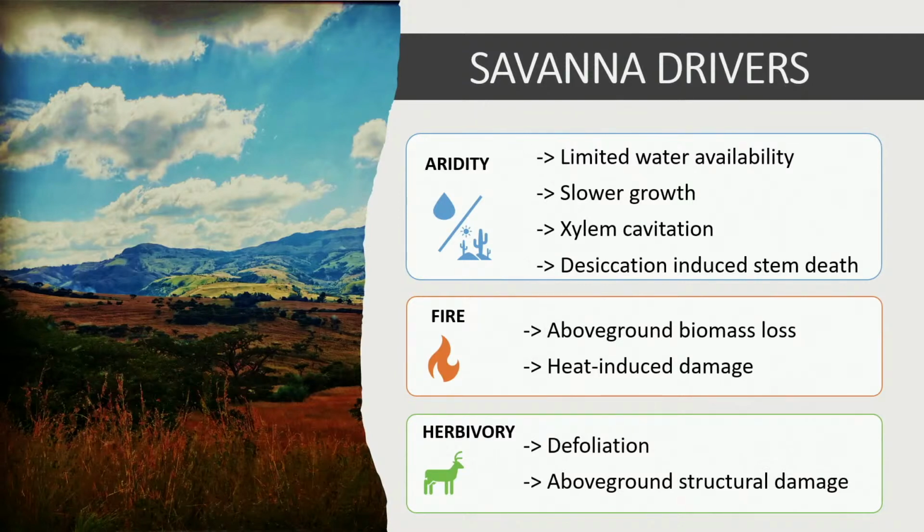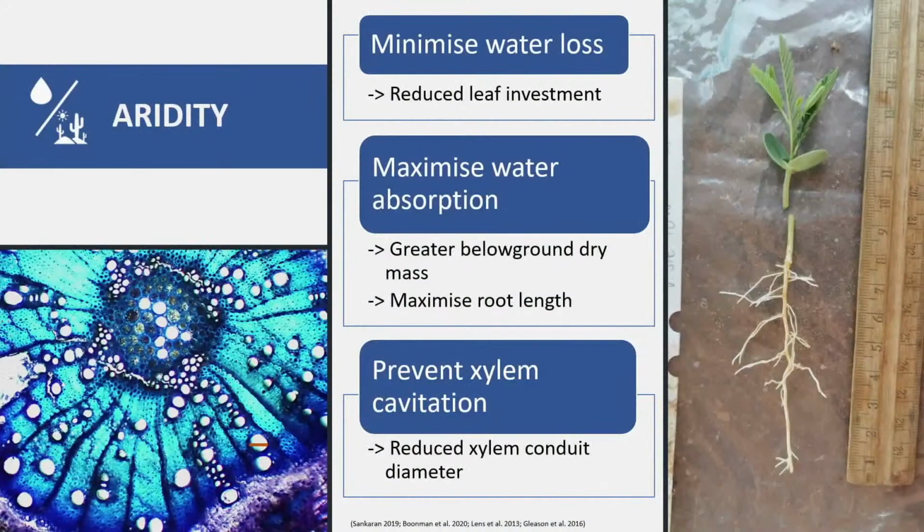For example, aridity results in limited water availability for the plant, which can result in slower growth, xylem cavitation, and desiccation-induced stem death. Fire results in above-ground biomass loss and heat-induced damage, and herbivory results in defoliation and sometimes other above-ground structural damage. So how are trees adapted to dealing with these limitations?